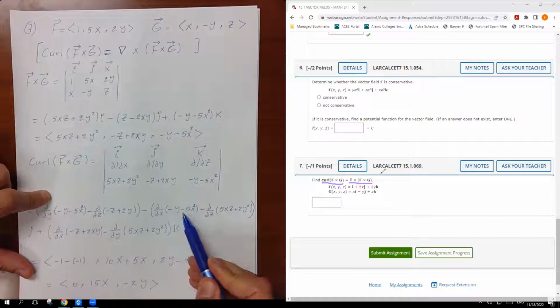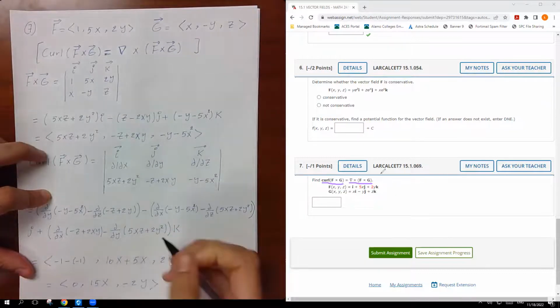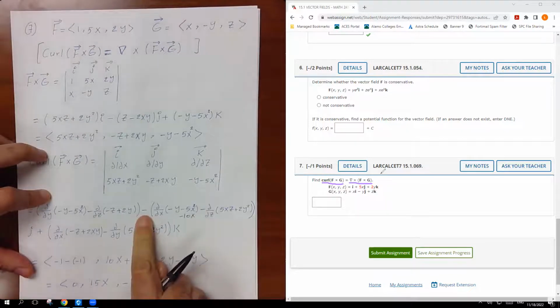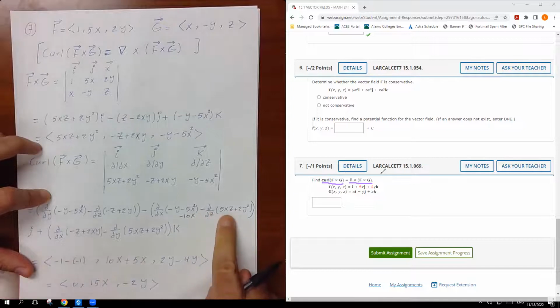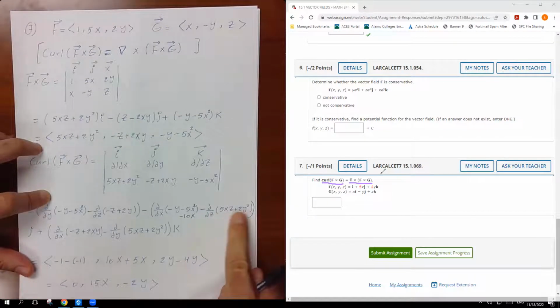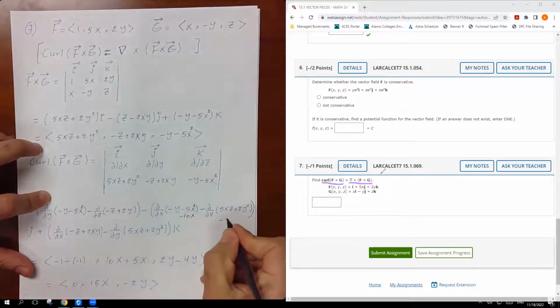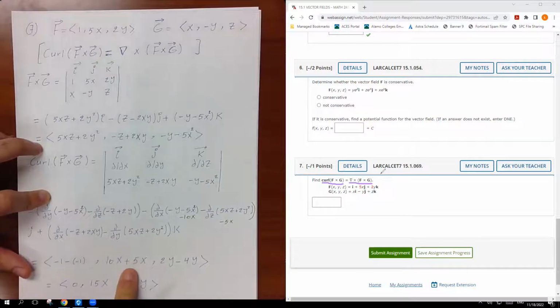It's going to be negative 10x squared. Be careful here. So this is negative 10x, and there's a negative sign here, so it's going to be positive. Minus the derivative with respect to z. This is 0. This is going to be negative 5x, and there is a minus here, so it's going to be positive 5x.